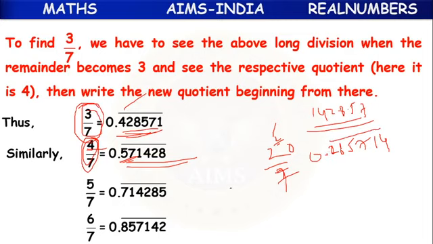Suppose 3 by 7 is there. Means 30. How many times? 7 4 times 28, so it starts from 4: 0.42857. After that again the first one. This will be the bar for this one.